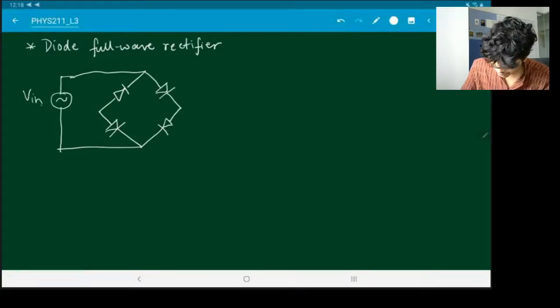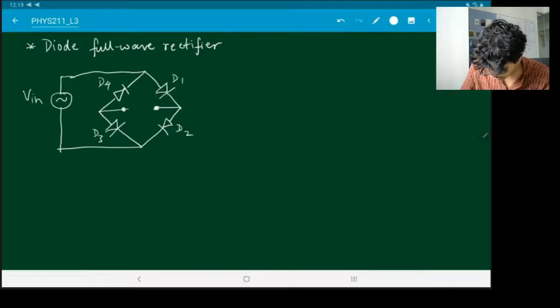These are your 4 diodes over here. So let's call them D1, D2, D3, D4. And here, between these two terminals is where we are going to measure our output. So we'll attach over here some load resistance. So output is always across this load.